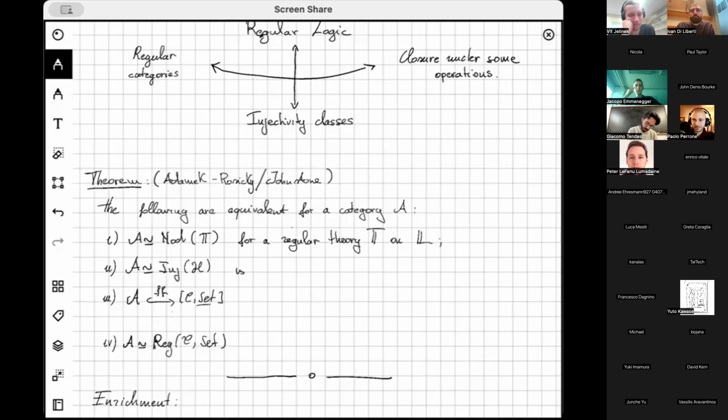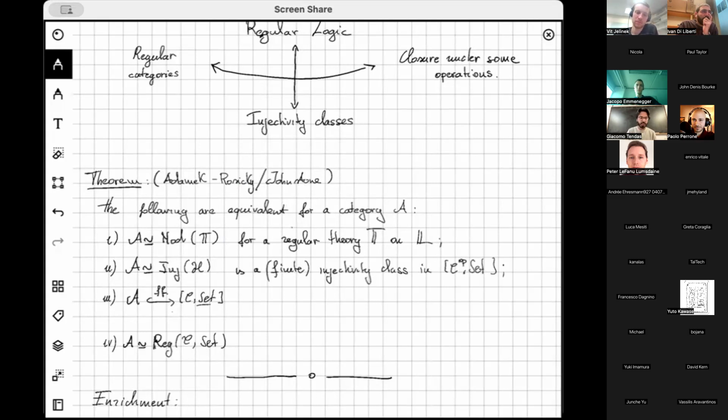Two, A is a finitary, but ignore this, injectivity class in some presheaf category, or more generally in a locally finitely presentable category, but presheaves are enough.